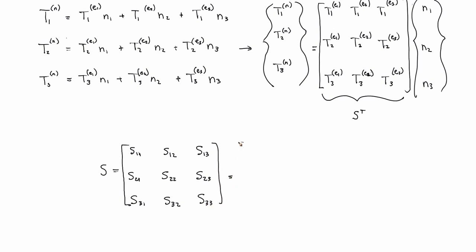So if you really want to see what those are equal to, it's T1 E1, T1 E2, T1 E3, T2.